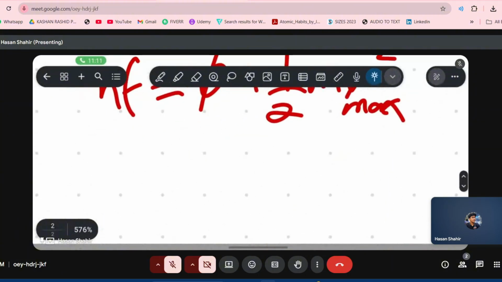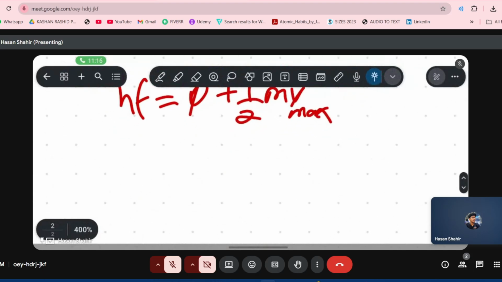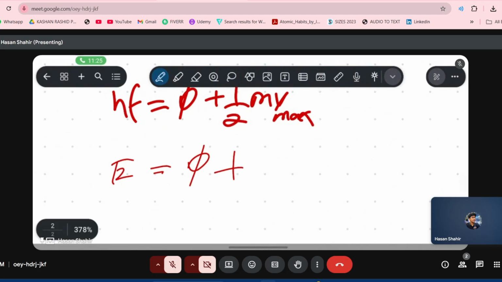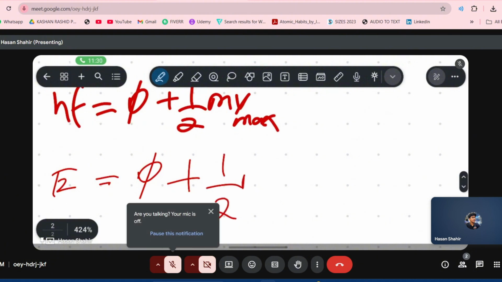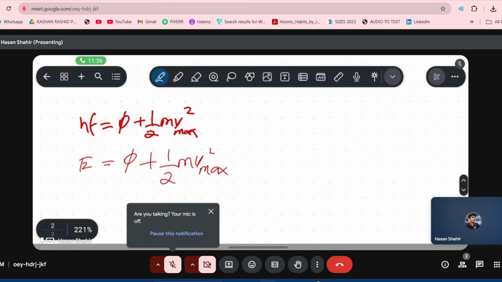So basically what we can derive from this is that the energy is equal to the work function energy and the sum of the electron's energy.